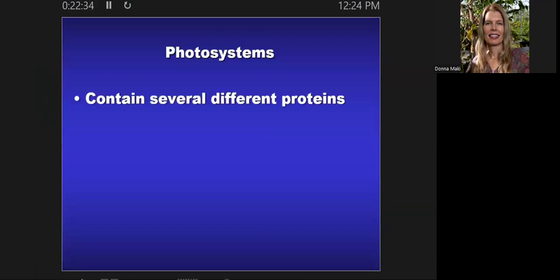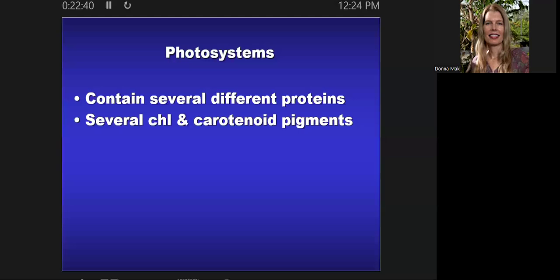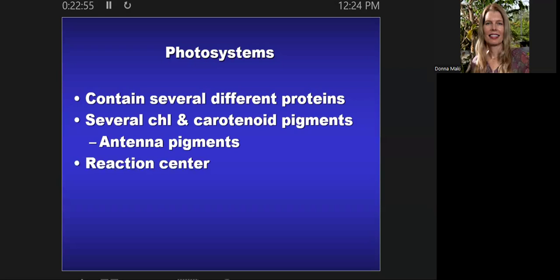So these photosystems, when you look at them, there is that special chlorophyll I talked about, but there's other stuff. There are some different proteins in there. There are actually several chlorophyll pigments and carotenoid pigments. So it's complicated. Surrounding the reaction center are the antenna pigments that are picking up different qualities of light. And then there's a special portion of the photosystem that we call the reaction center.